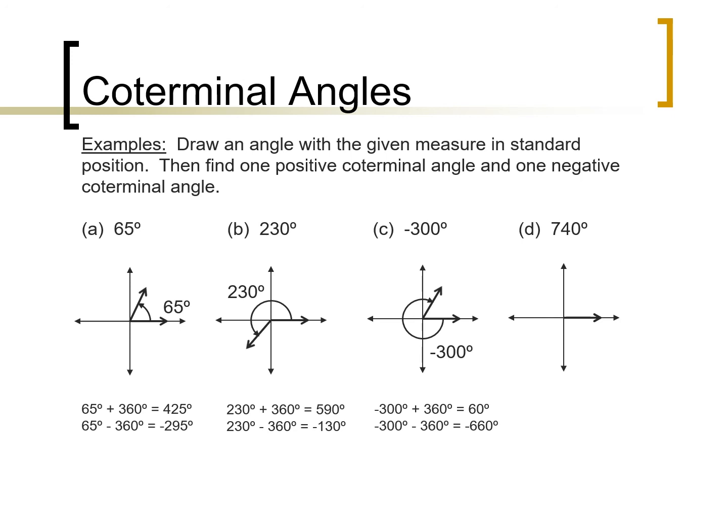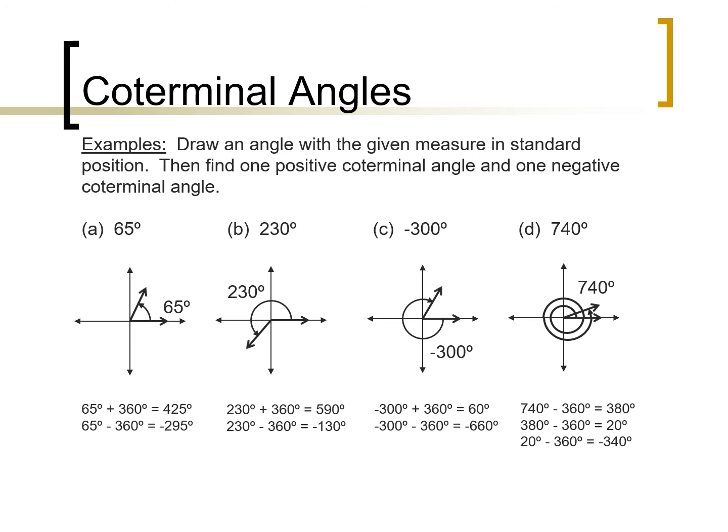Finally, in letter D, 740 degrees. Well, I know that one time around is 360, two times around is 720, so 740 is a little bit more than two whole times around the unit circle. I could add 360, but rather than doing that, I'm just going to subtract. Subtract 360 once and you get 380 degrees, which is the equivalent of going one whole time around with a rotation, then a little bit more.